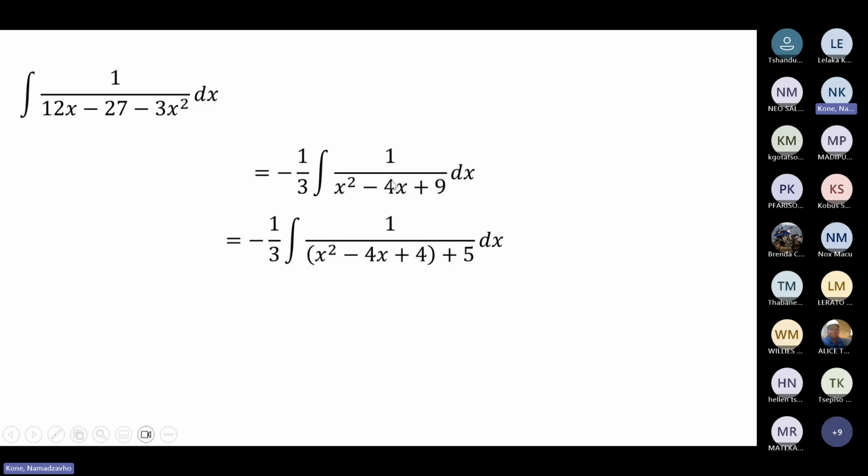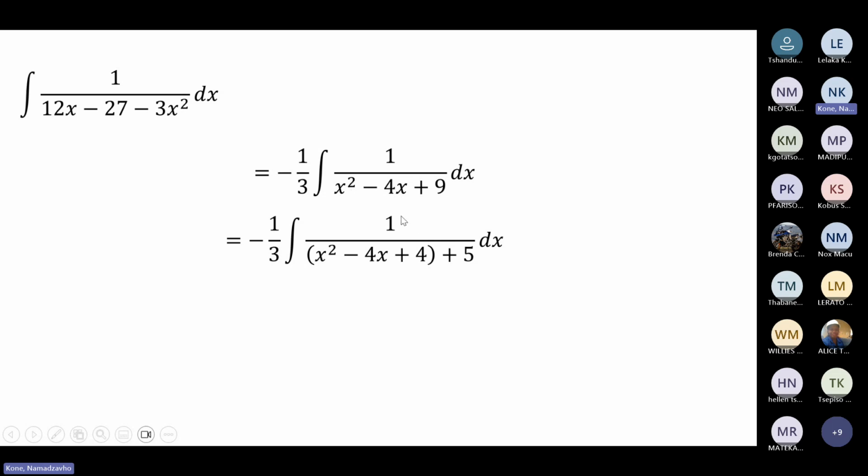Half of -4 is -2. -2 squared is +4. So which is this, what you see here at the bottom? We take this and that, which are these two, add the 4. Then because of adding a 4, we have changed this expression.